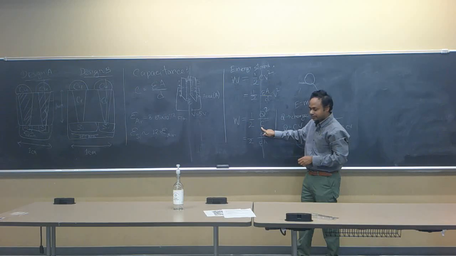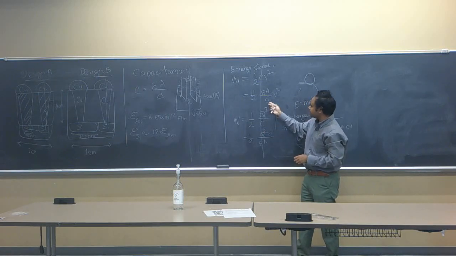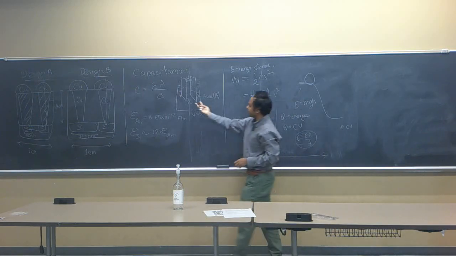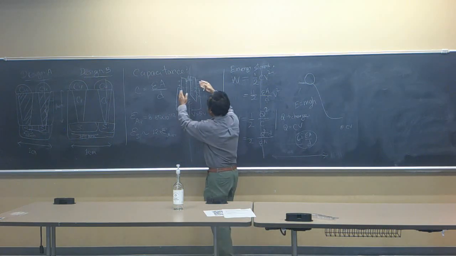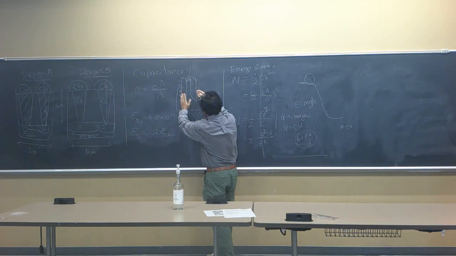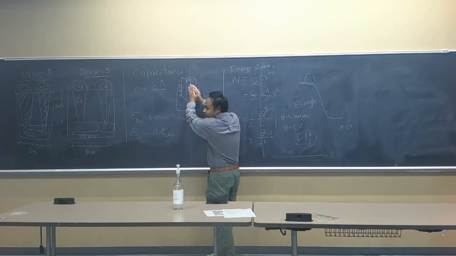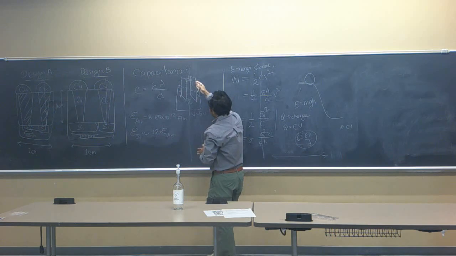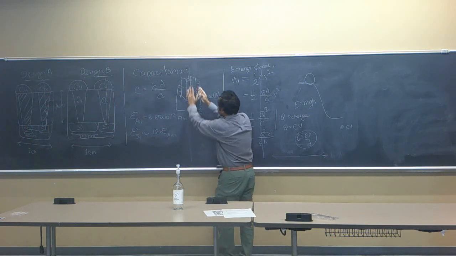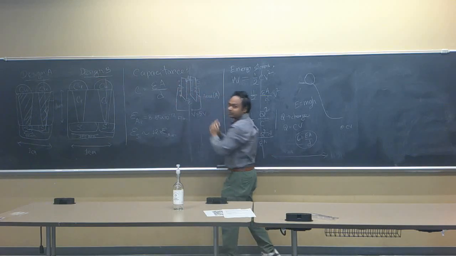And in order to increase capacitance, you have to decrease the distance between the copper plates. So in case of a fixed charge, these two plates will come closer. In the case of a fixed voltage, these two plates will go farther away from each other.